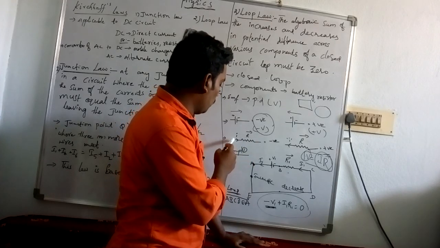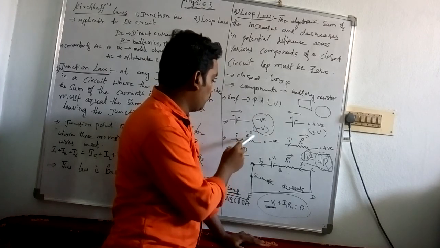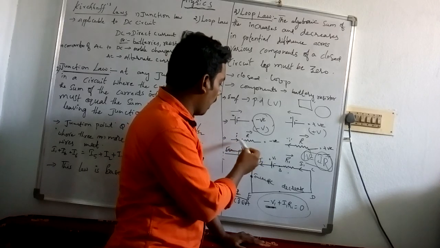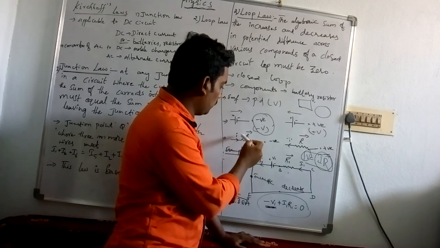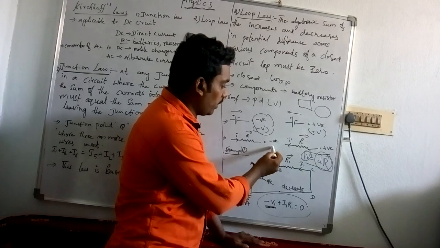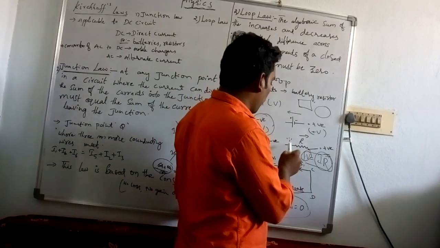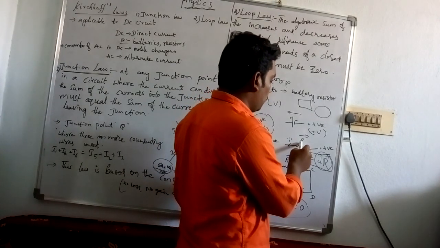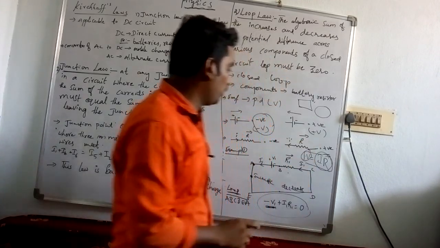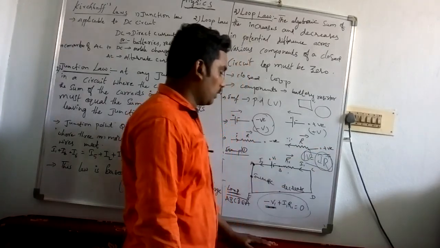If the current I direction and the direction we move across the resistance are the same, as this arrow mark indicates, we get a negative potential difference. If the current I direction and the direction of travel are opposite, we get a positive potential difference.